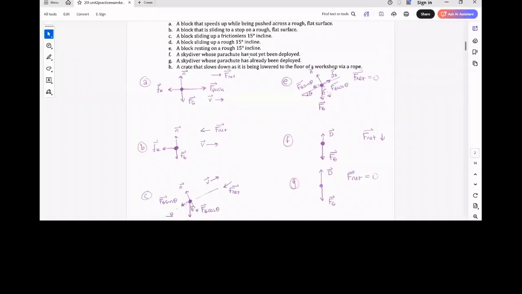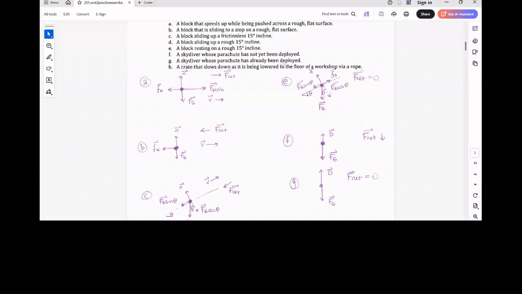But the parachute essentially exists just to make the skydiver's surface area very, very large so that it interacts in a very noticeable way with all the air in the atmosphere and prevents the skydiver from continuing to speed up as they get closer to ground level. So we know drag exists, but we also know that it's not big enough to counteract the gravitational force. So the net force is oriented down.